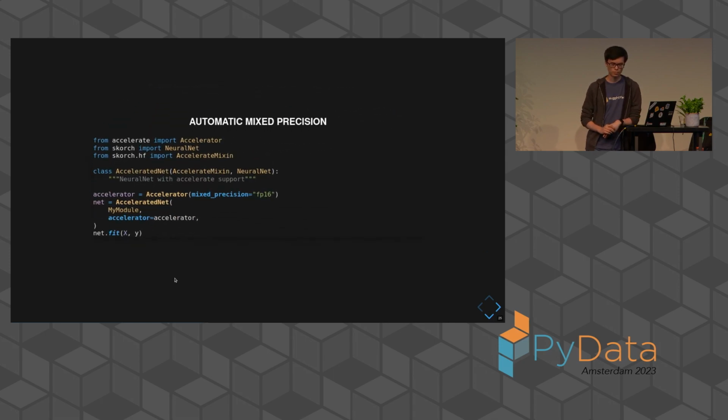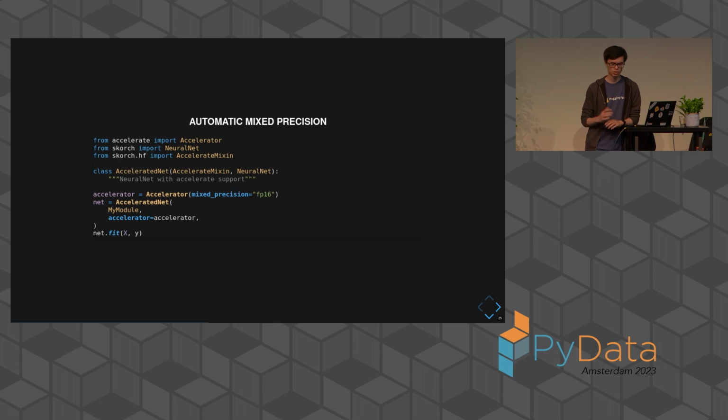First of all, we need something from skorch, which is the accelerate mixin. It's just a mixin class that you can combine with any neural net class from skorch, and it will add the capabilities to use Accelerate on top. Then we use the Accelerator class from Accelerate and instantiate it with the argument mixed_precision equals fp16. That means we want to use floating point 16 precision for our model.